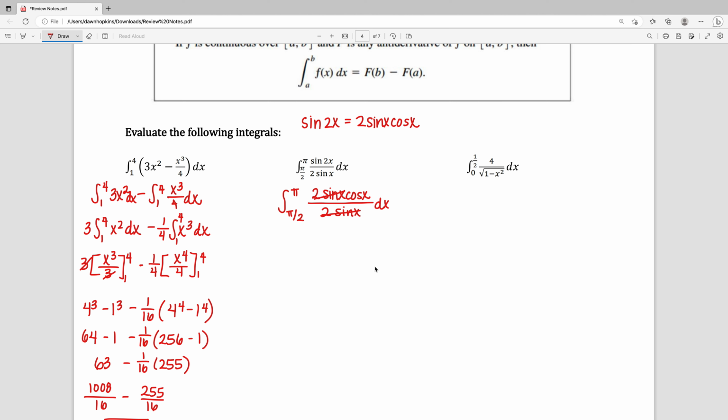If you remember, if you take the derivative of the sine function, you get the cosine function. So when we're working backwards, the integral of the cosine function is going to be the sine function. So we end up with sine x, and we're going to evaluate that from pi over 2 to pi.